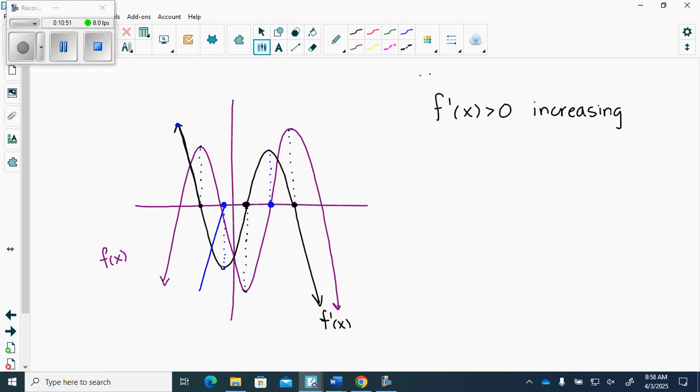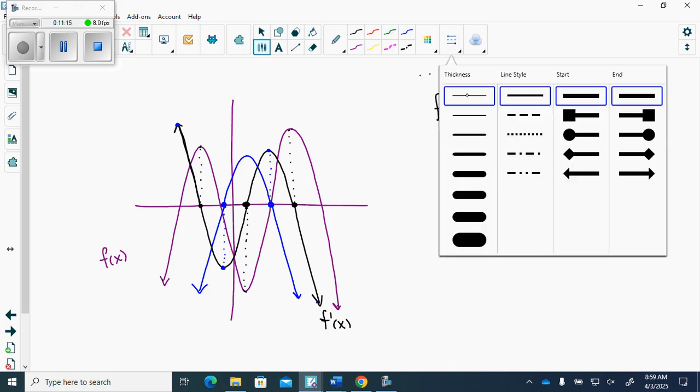Then from here to here, it's doing what? Increasing. So I need to have y values that are above, and I need to connect it. Then from here to here, what's it doing? Decreasing, so I need y values below. Can I get the next derivative too? Quadratic turns into a linear.